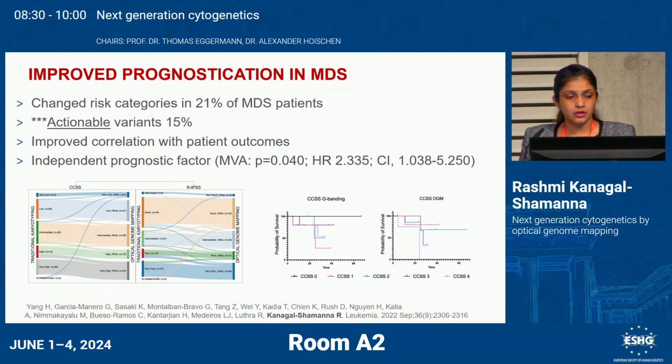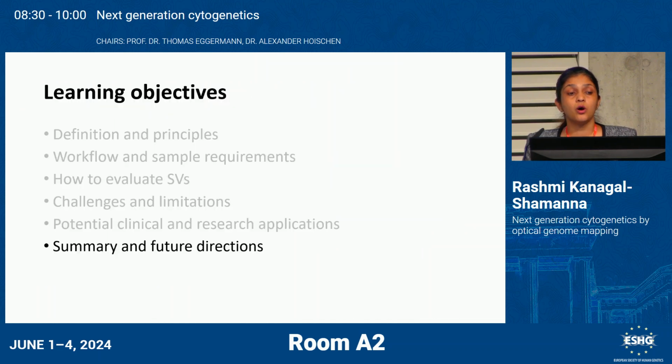And the most important thing we showed was that the prognostic risk stratification changed using OGM data, and the data from OGM correlated better with outcomes. Now, this is just a single institution study. Of course, we need more validation from other centers, and that's already ongoing.